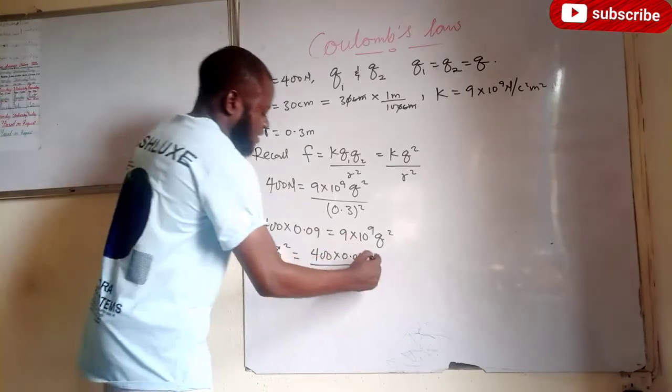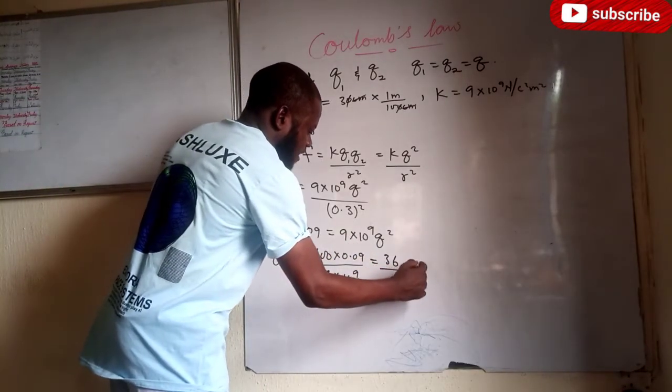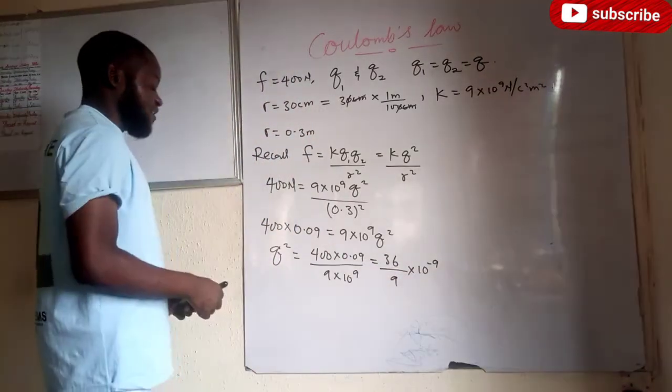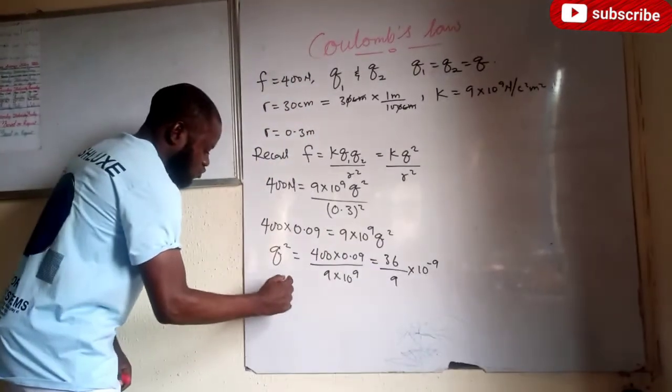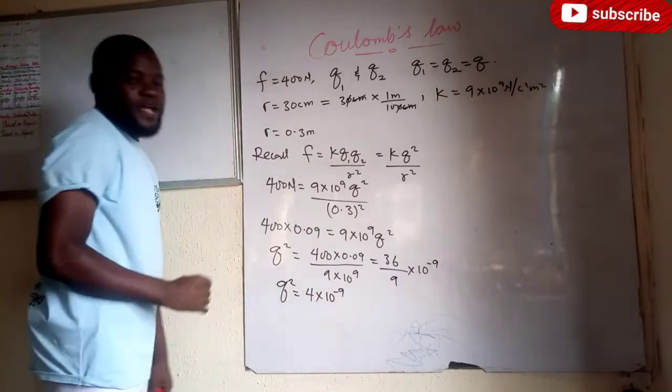So this will give us 36 divided by 9 multiplied by 10 to the power of minus 9. 36 divided by 9 should give us 4. So Q squared equals 4 multiplied by 10 to the power of minus 9.